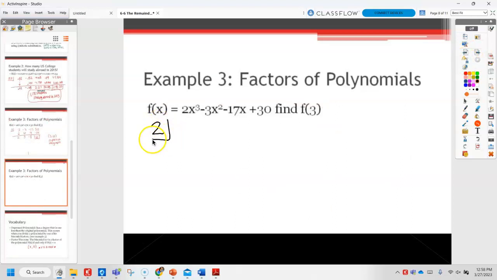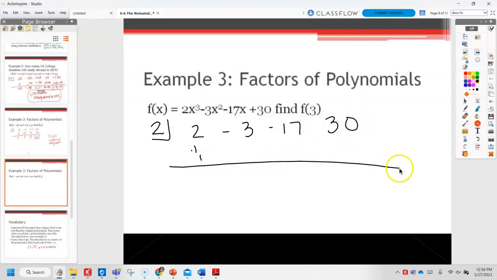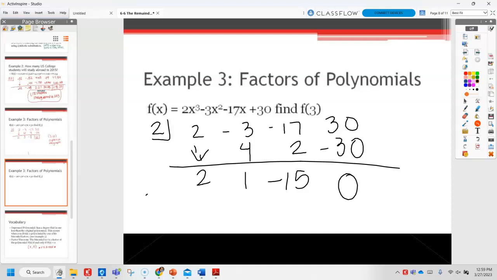So let's look at one more value. We'll look at positive 2. So once again, you get a 0. What's really cool about getting 2 zeros is now I know that x minus 2 is a factor.